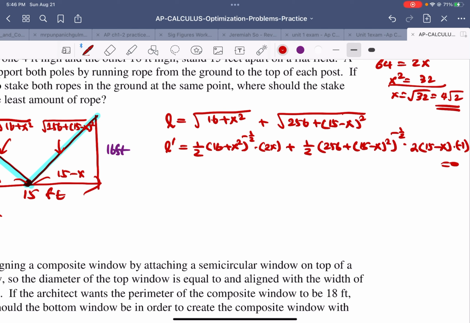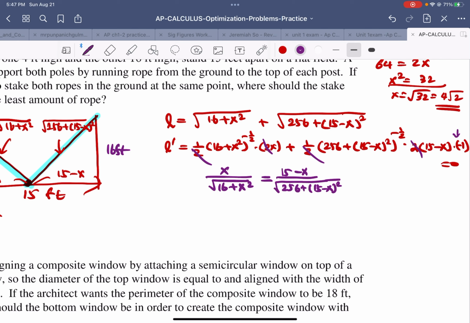So let's simplify a little bit here. 2 cancel out. So you get x over square root of 16 plus x squared. And these 2 cancel. And you have a negative there. So minus (15 minus x) over square root of 256 plus (15 minus x) squared, and that equals 0, right?